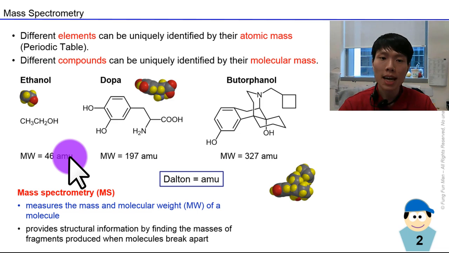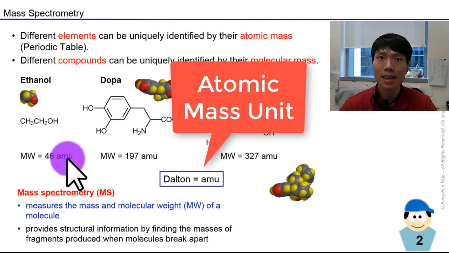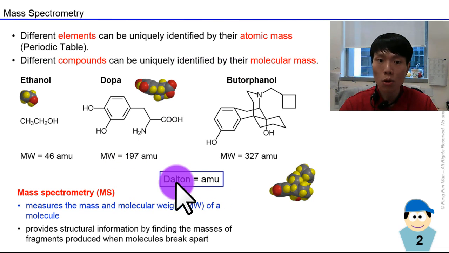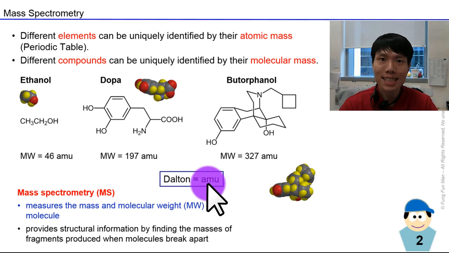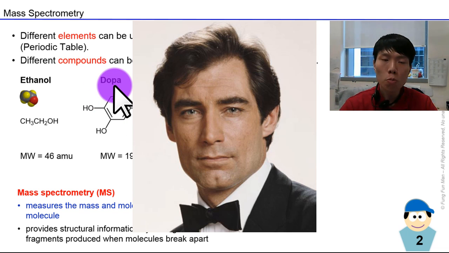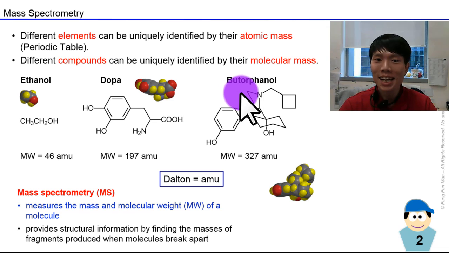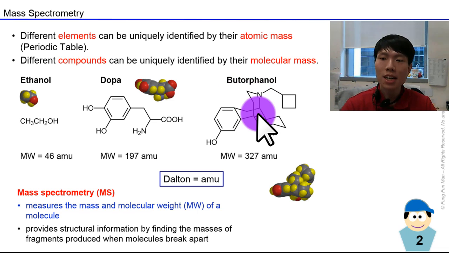AMU stands for atomic mass unit, and in biological sciences, it could also mean Dalton. Dopa is a molecule very similar to dopamine, and butorphanol is a kind of morphine-type synthetic opiate analgesic.